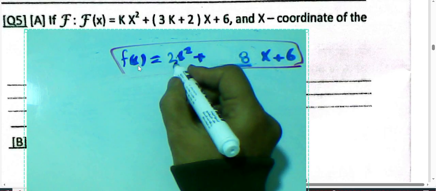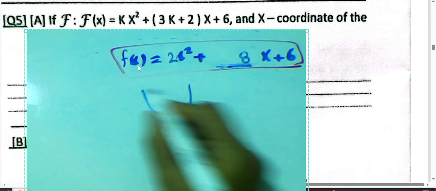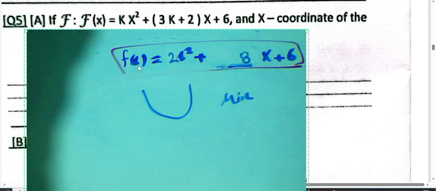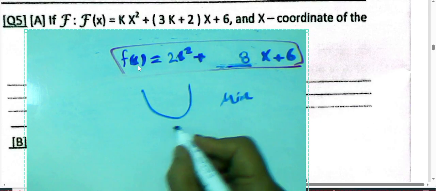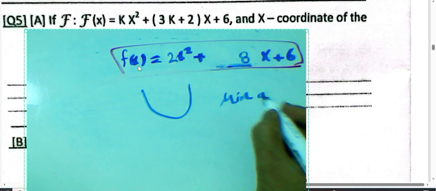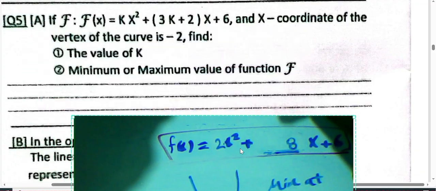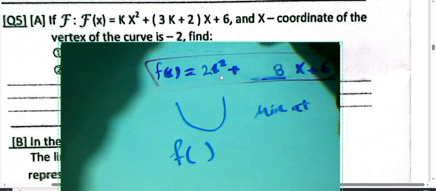We have a curve whose coefficient of x power 2 is positive, so it opens upward. This function will be minimum, not maximum. But he asked about minimum or maximum, minimum at what? We can find the function of x. He gave me x equals negative 2.